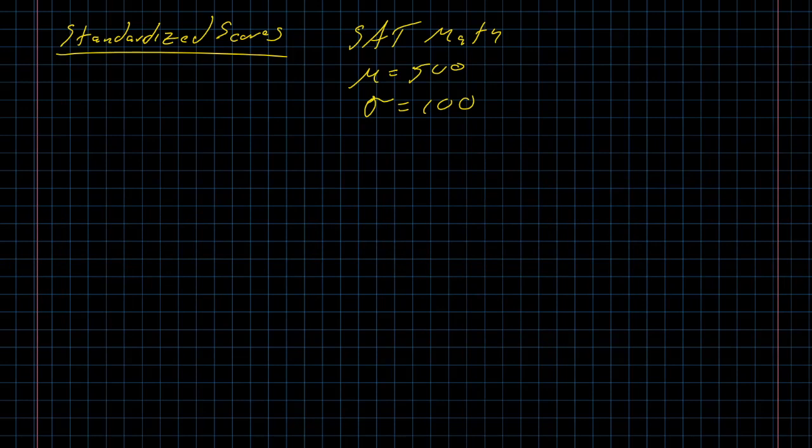On the SAT, you can get a score somewhere between 200 and 800 on each of the parts. The math then has a mean of 500 and a standard deviation of 100. The verbal has the same thing happening again. The way that SAT scores are calculated, and several other standardized scores, but SAT seems to be the one that people taking statistics are most immediately familiar with.